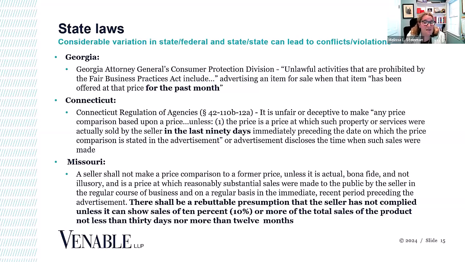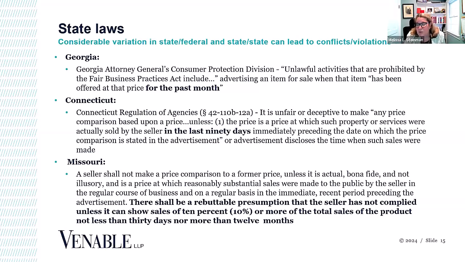So there's at least the perception, if not the actuality, that you're not going to make sales at the full price, and nobody's going to buy until the price comes down to whatever sale price. So that's the idea in Georgia, that you need to have something that is offered at that regular price for at least a month, without referencing whether there are actual sales being made at that price.